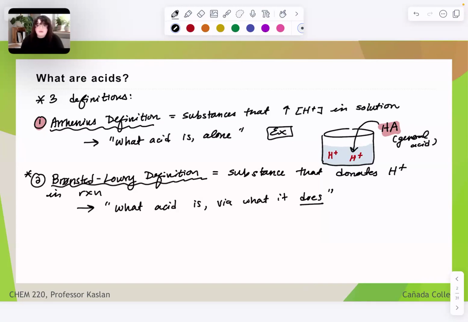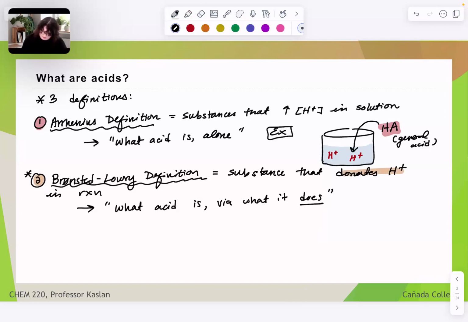Now, this doesn't have to be necessarily technically a base in the way that you've thought about them from Gen Chem 1, but we'll get into that in a moment. But the idea is a Bronsted-Lowry acid is something that donates H plus.